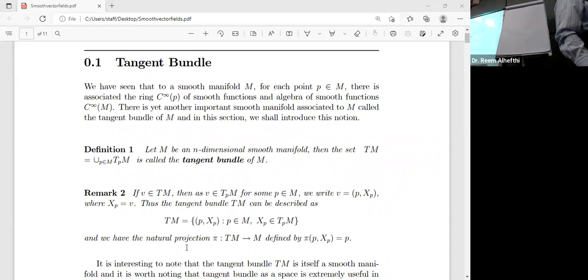Today, the most important object we are going to introduce is this: to each manifold M, there is associated another smooth manifold, TM, that is called the tangent bundle. So what is a tangent bundle?